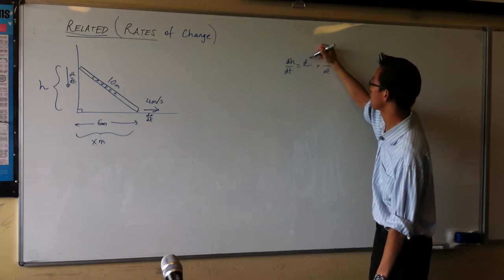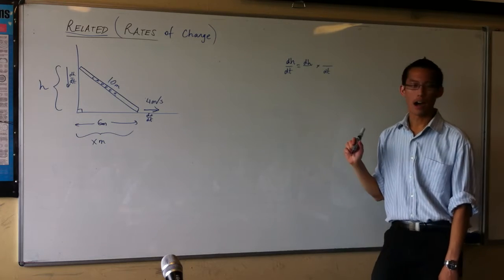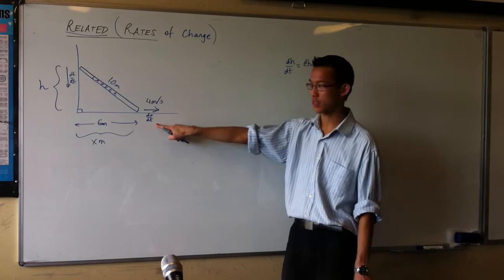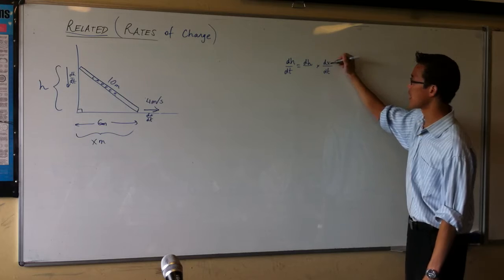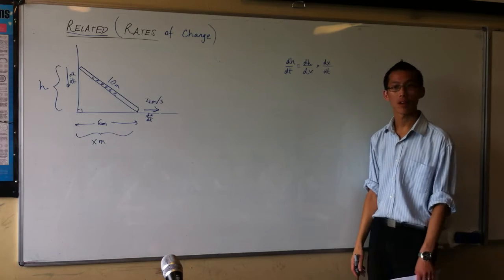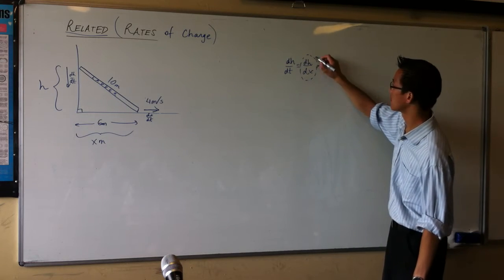Let's try that again. Is that okay? Yes? Fixed up. Now if that's what I'm trying to solve, and the information given to me is in terms of dx on dt, there must be an x there to get chain rule working. So I know this part, it's 4, so I want to work out this.